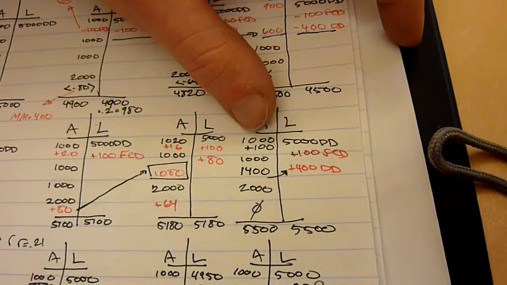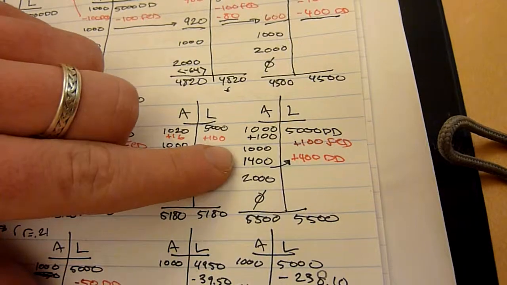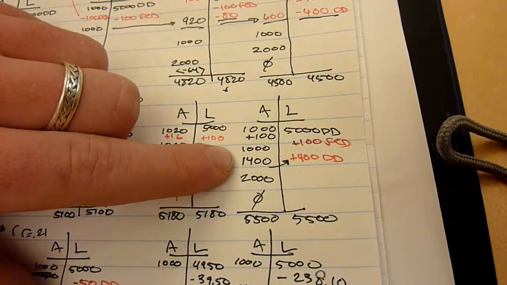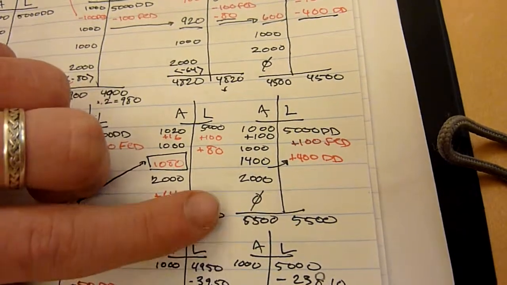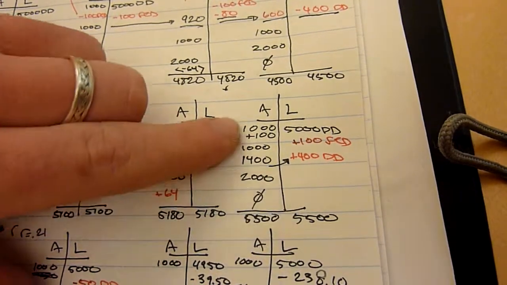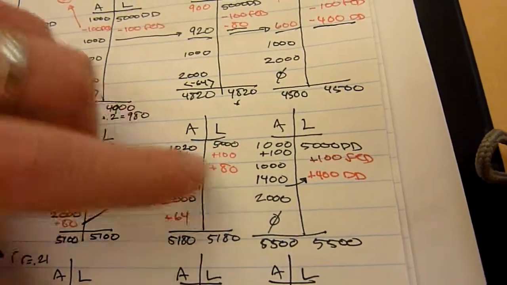So you have 1,100 in there, you have 1,400 in here, and that's 5,500, and they both add up. And if you take 0.2 of 5,500, it would be 1,100, and that's how you know you're done.